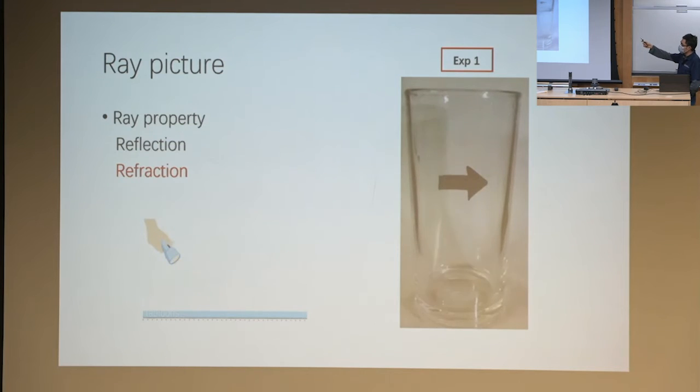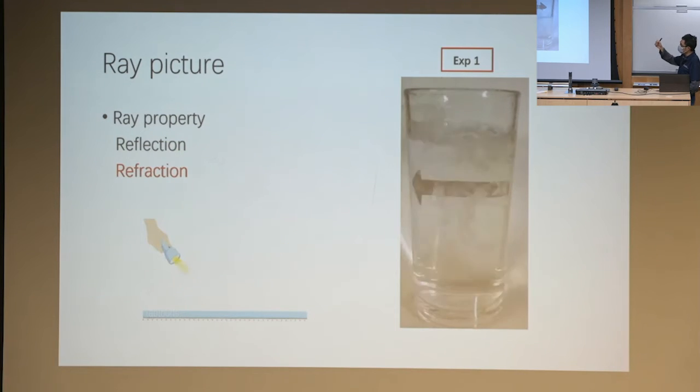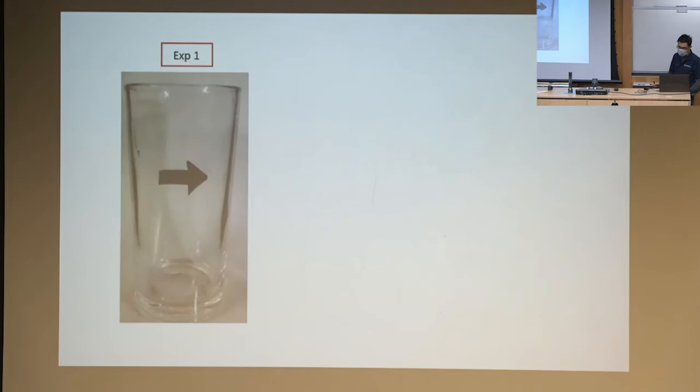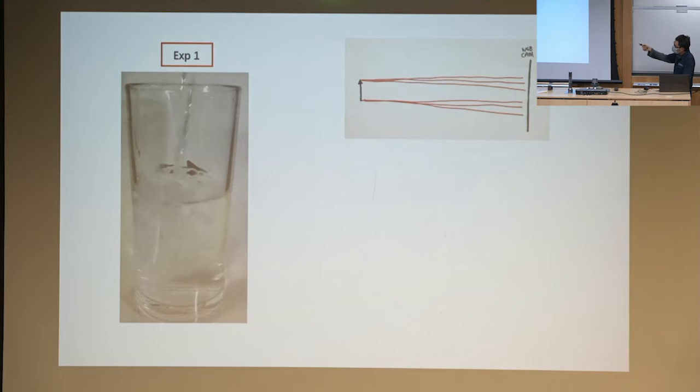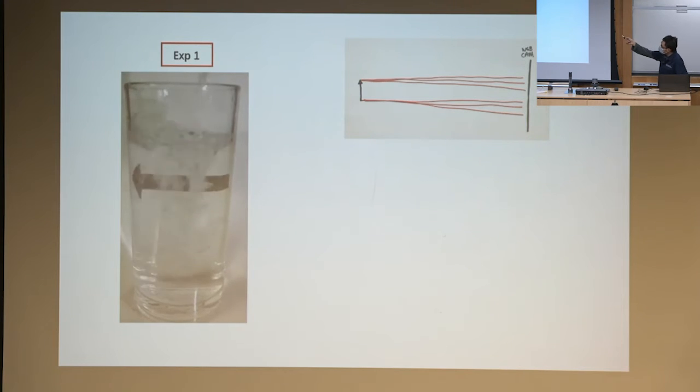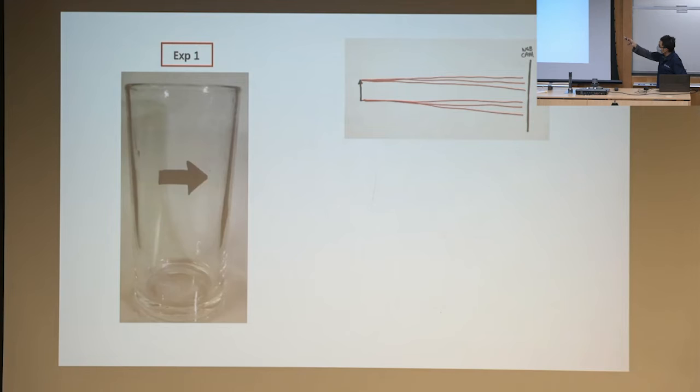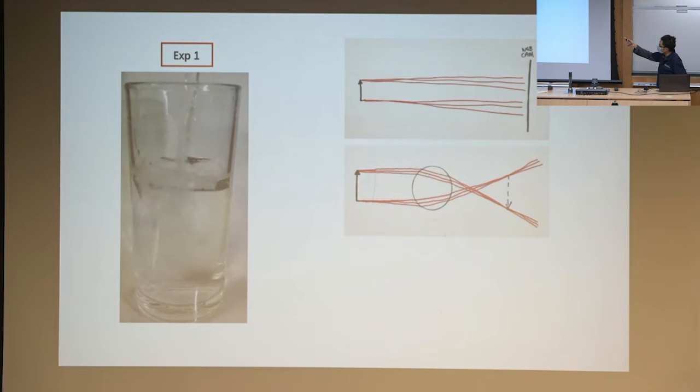While the arrow behind the cup is on the right hand side, when you pour water into the cup, it will move to the left hand side. The answer is that if there's no water in the cup, the light goes through in a straight line to the image plane.